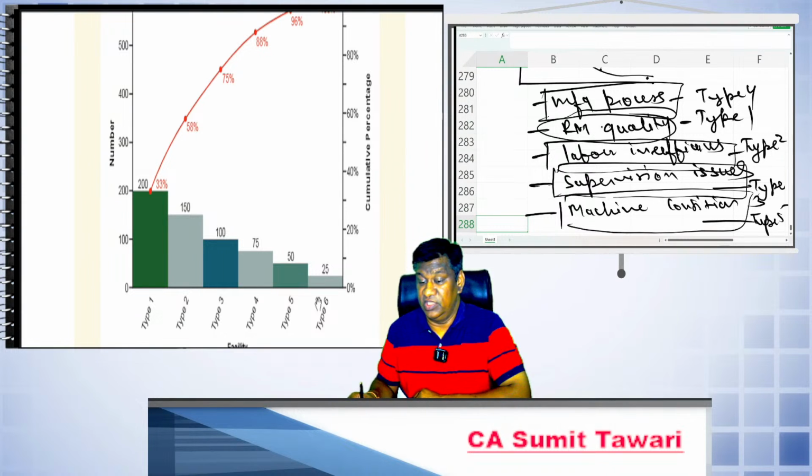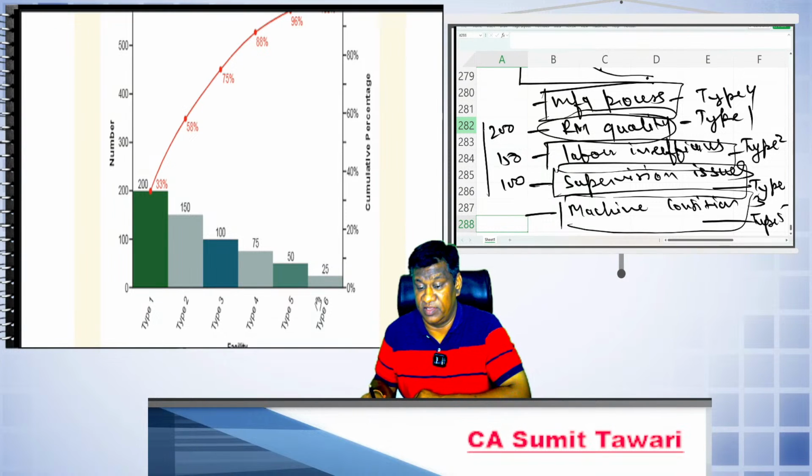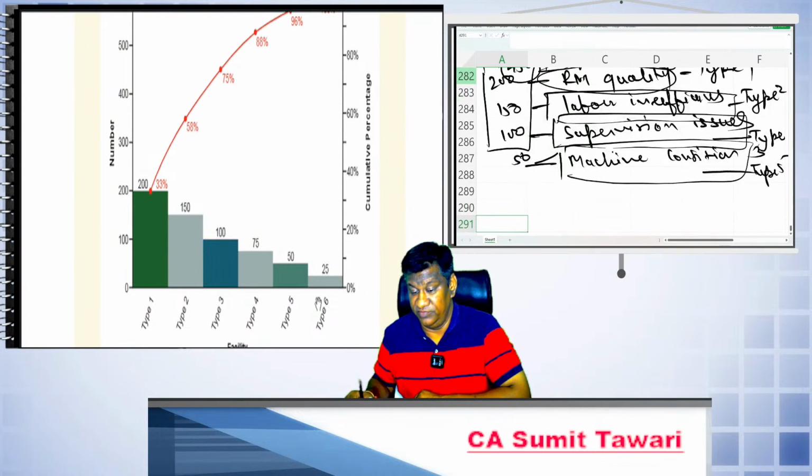Okay, so here, because of raw material quality, 200 defects happened. Because of labor efficiencies, 150 defects happened, and because of supervision issues, 100 defects happened. If I combine all this, it is basically a total of 450. Because of the manufacturing process, it is 75 defective quantity, and because of this it is 50, and the other one is 25.